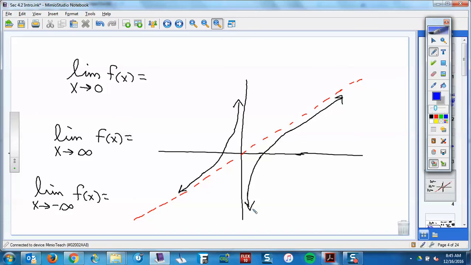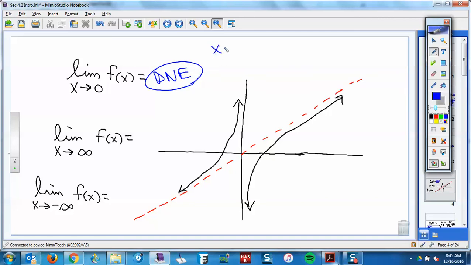Okay, that red line is what we talked about with the differential equations. That is called a slant or an oblique asymptote. So what would we say on limit as x approaches 0? Does not exist.